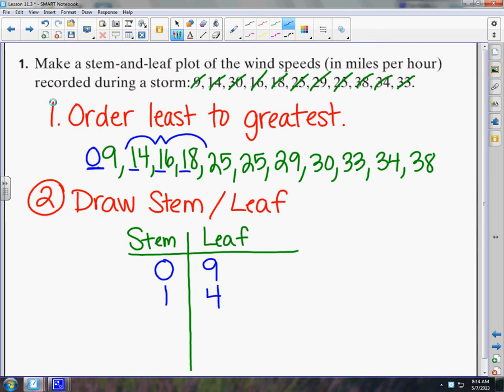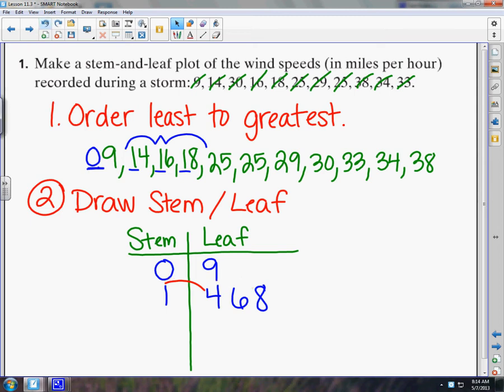So I'm going to put those 4, 6, and 8. Really all you're doing is saving time writing out the digits. I don't have to write 14, 16, 18. This is assumed to be 14, 16, and 18. The 1 goes with each number in the leaf column.